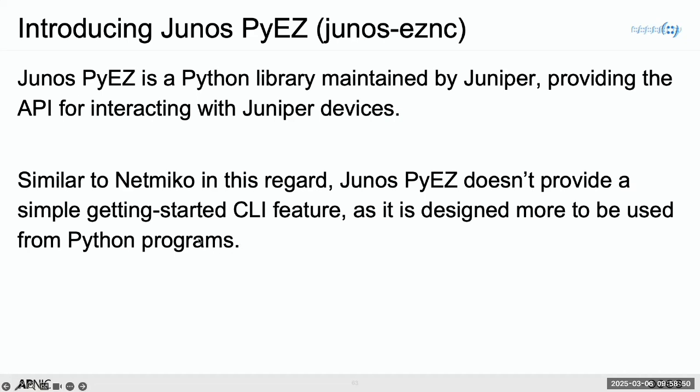So it is similar to Netmiko, where we interact with the device through the CLI. Junos PyEZ does not provide a similar CLI feature as we get through Netmiko, and it is designed to be used more like a Python program. So in case you have Junos-only devices or some Junos devices, then you can use it.